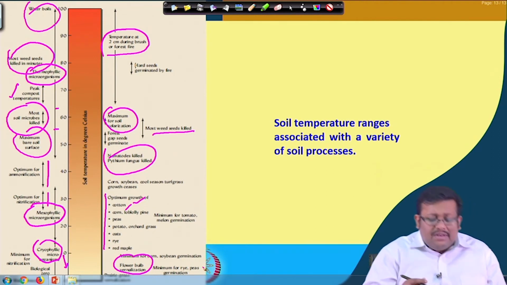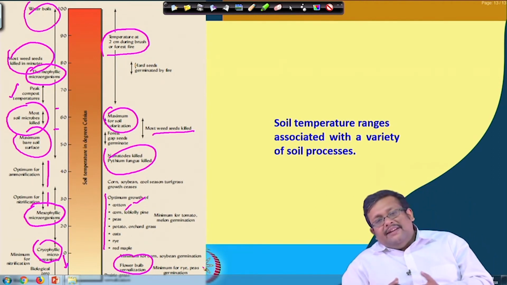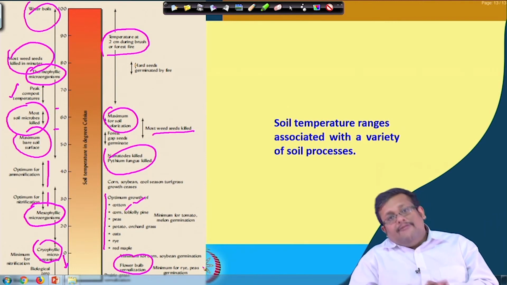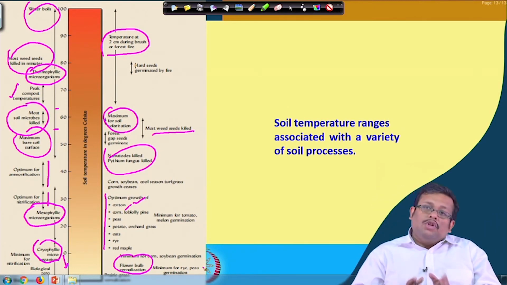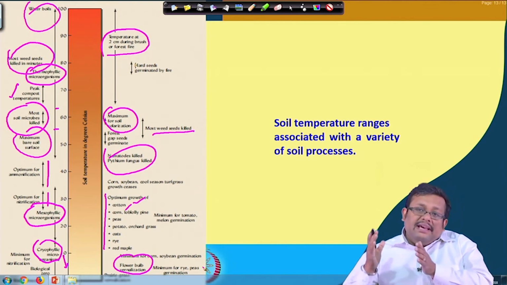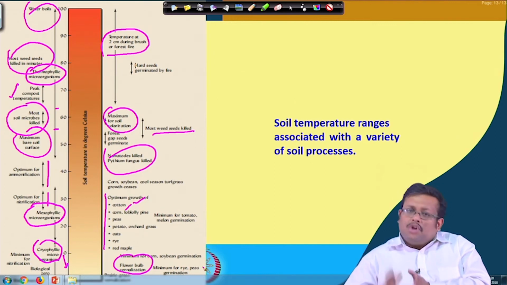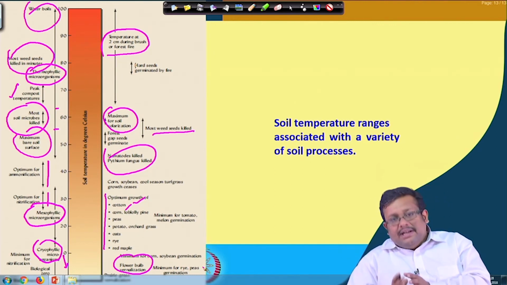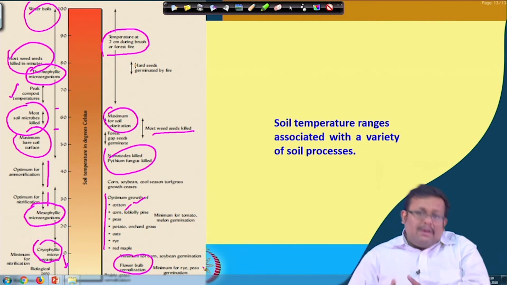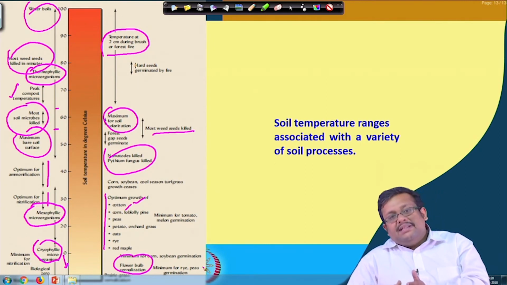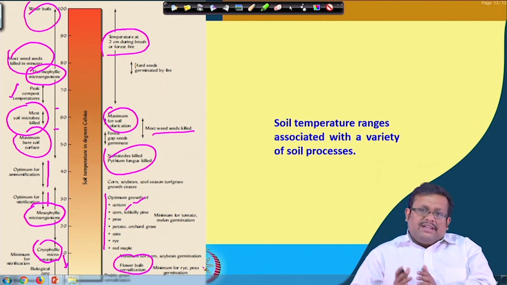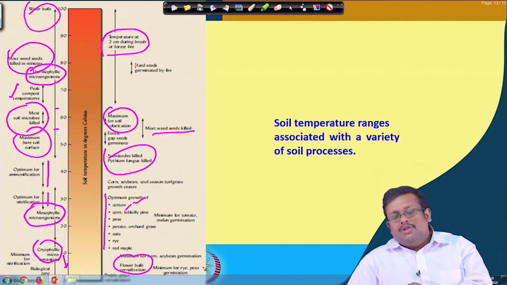germination. So, you see that soil temperature is very critical, not only for the growth of the crop but also for the growth of the microorganisms and their different nutrient transformation processes, because all those nutrient transformation processes depend on microbial activity. So, if the microbial activity is low at a certain temperature, obviously all the microbial mediated nutrient transformation processes also have their rate lowered.